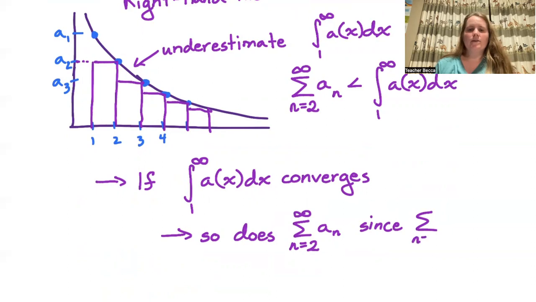And then we saw in section 8.2 that this means that the sum from n equals 1 to infinity of a sub n also converges.